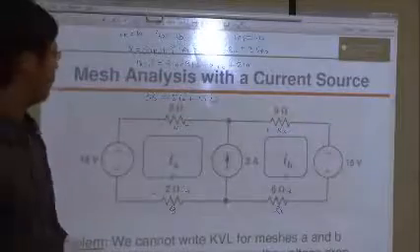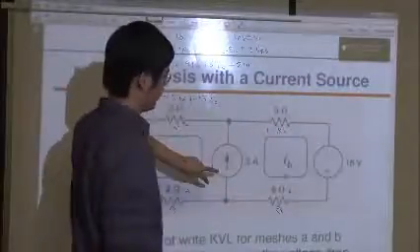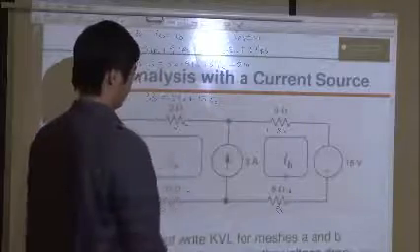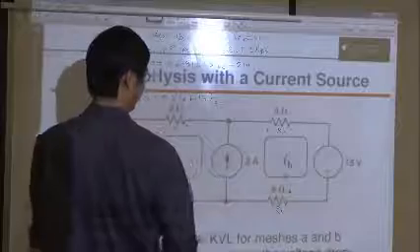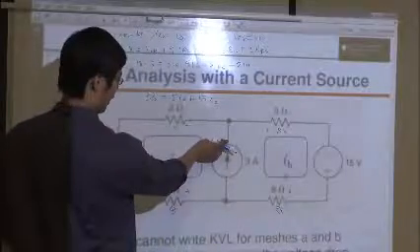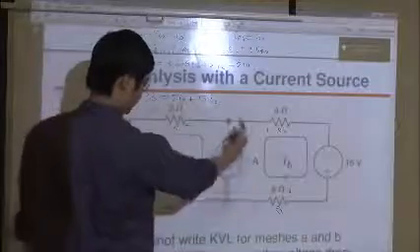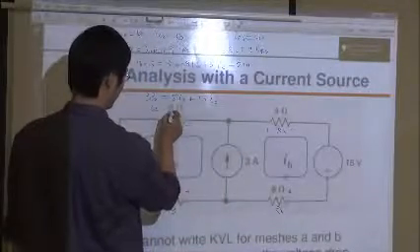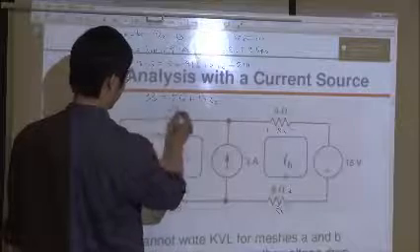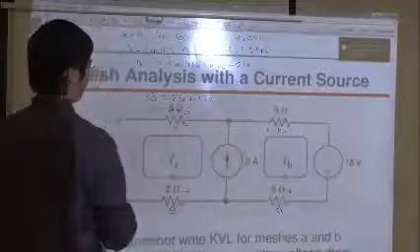Now we find a relation between IA and IB through this current source. What does that mean? If this current is flowing up, so IB, and this current also flowing up, but this current flowing down. So IB minus IA, same direction current, should be equal to 3 amps, right?